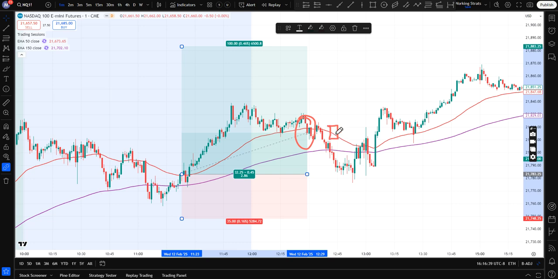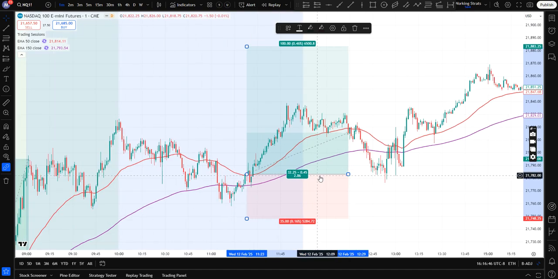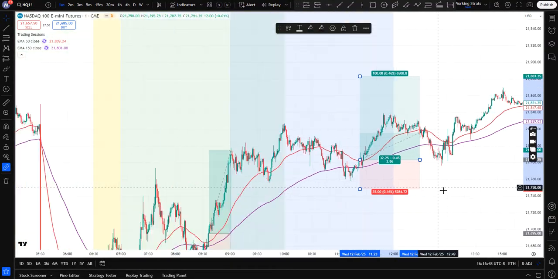So a candle breaks below, closes below, I'm out. And that's my EMA strategy basically.